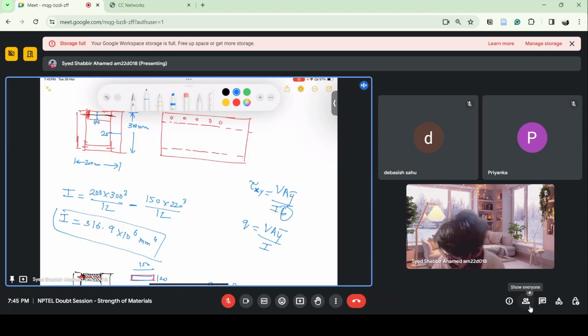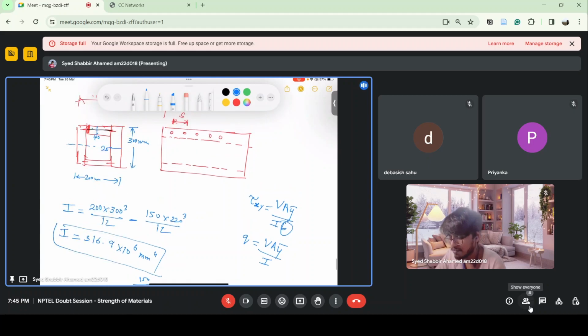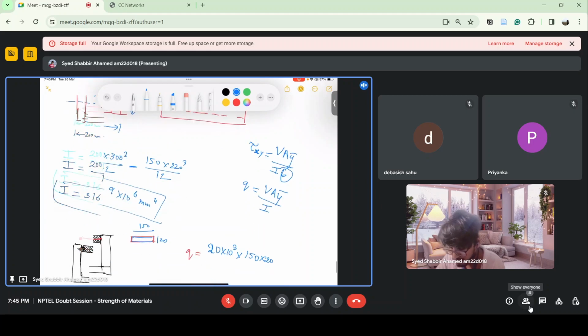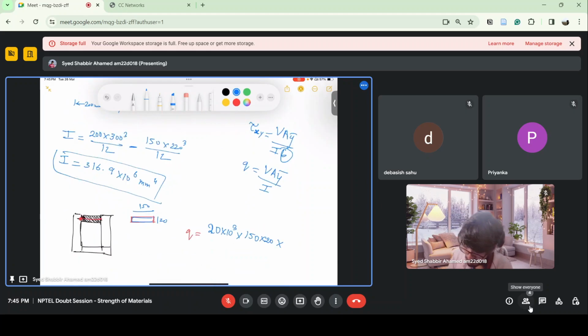The centroid of the area is at a distance of 150 minus 10, that is 140, from the neutral axis, and we have calculated I as 36.1 into 10 to the power of 6.